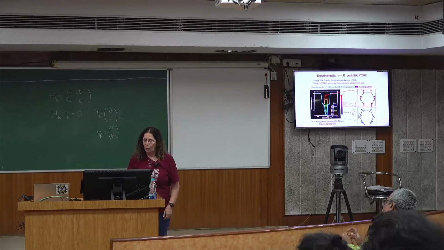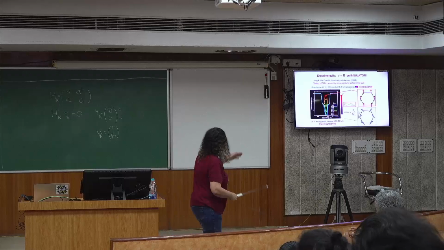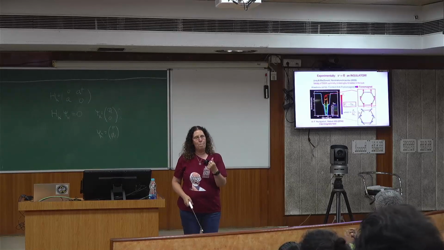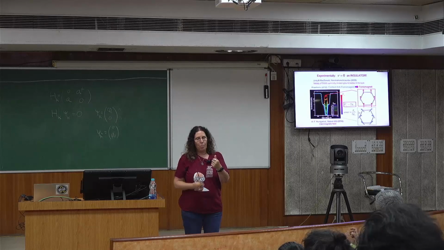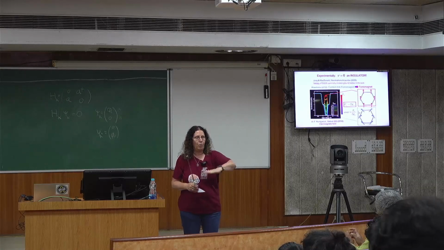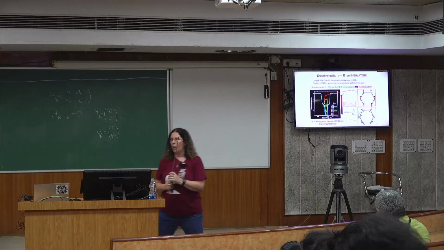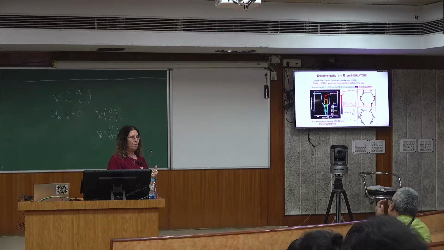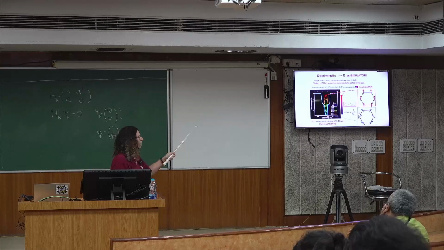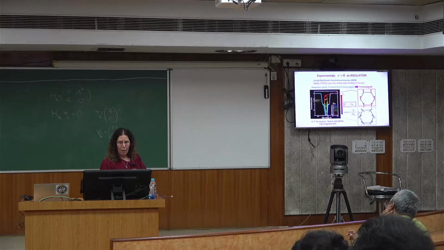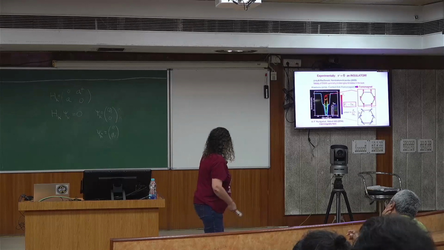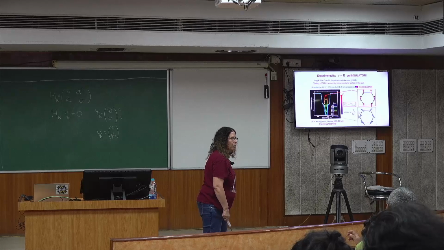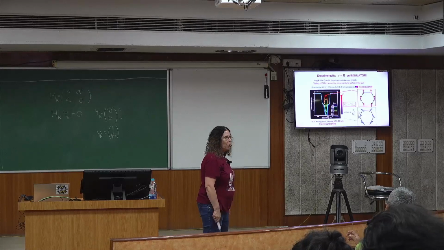He tuned his total field, so he did a measurement in such a way that you maintain the same perpendicular field. The magnetic field is tilted with respect to the sample, and you tune it so that the perpendicular component is the same, but the total field is increasing. The angle of the field is not important.